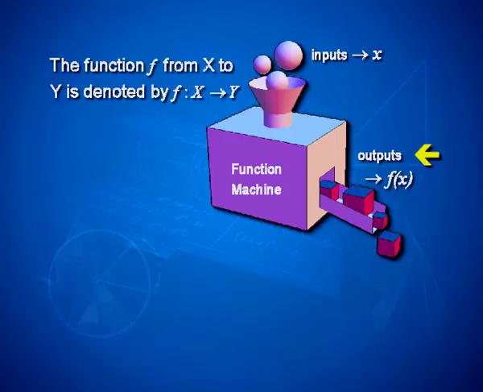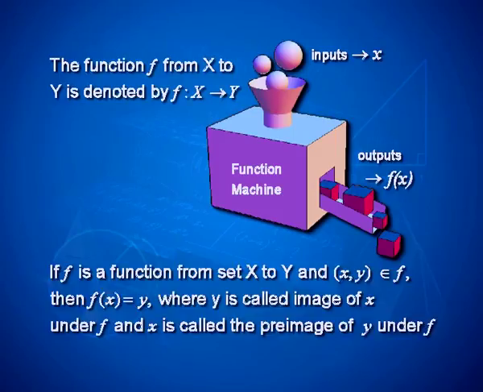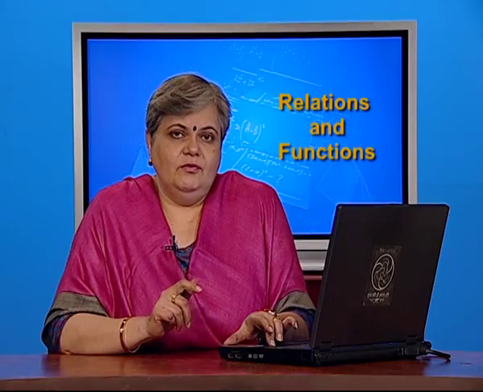This f of x is the output, x is the input. So, if f is a function from set X to set Y and (x, y) belongs to f, then we also write y to be the same as f of x.